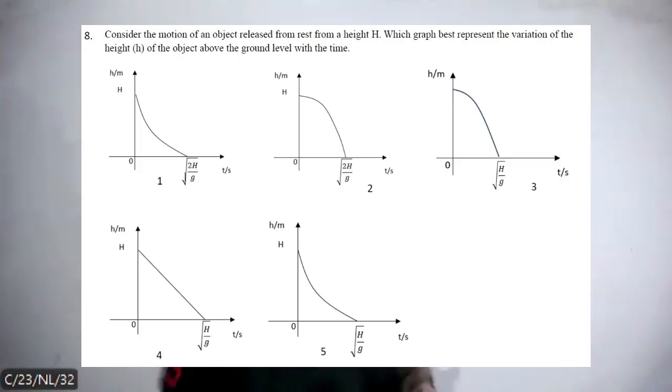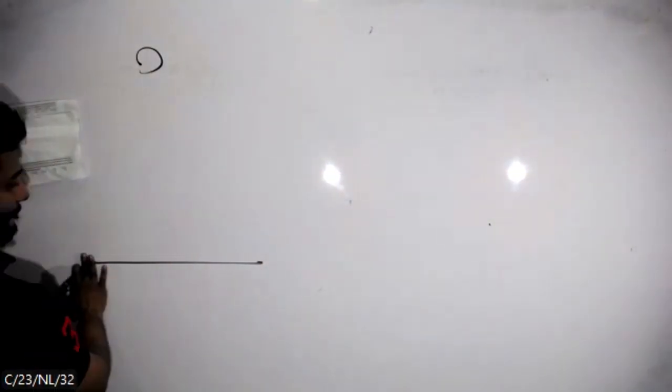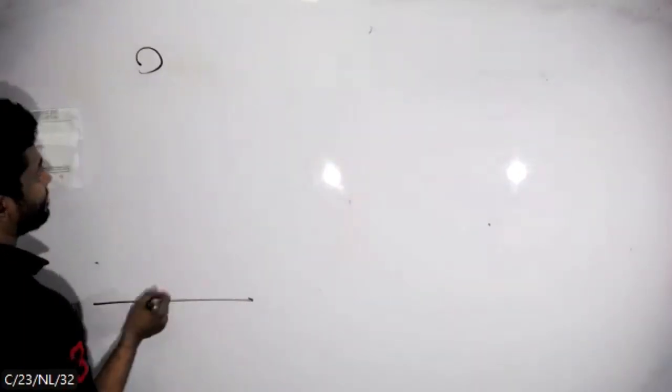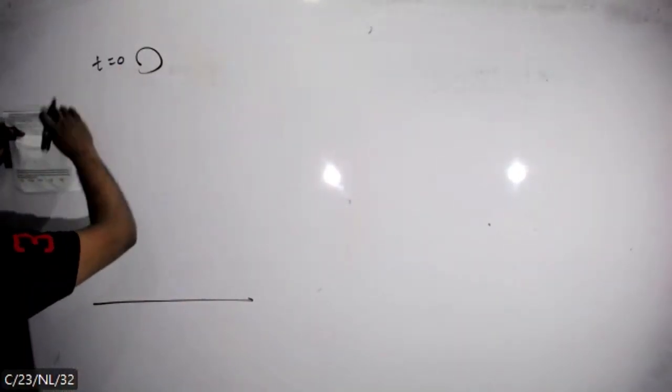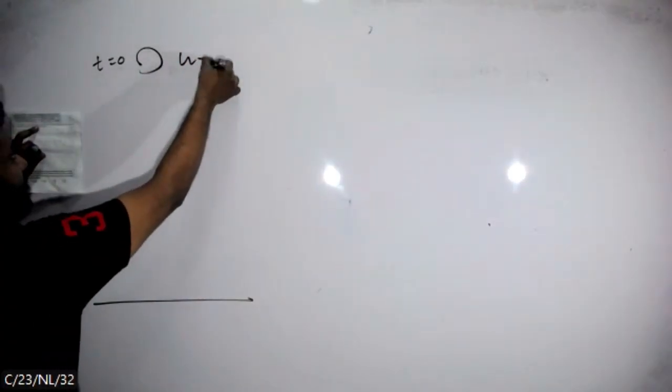Consider the motion of an object released from rest from a height capital H. Which graph best represents the variation of height, simple h, of the object above the ground level with the time? You need to identify the variation of height with time. Let me explain. First, you need to draw a diagram to identify the motion. At t equals 0, the object is released from rest. That means initial velocity is 0.